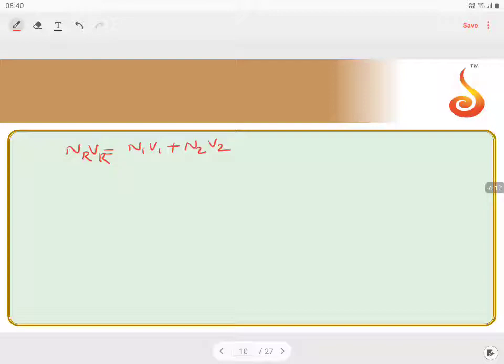We know the resultant normality is 1, resultant volume is 1, and N1 is 1.25 into V plus (1 minus V) into the second normality 0.416. So 1 equals 1.25 V plus 0.416 minus 0.416 V.